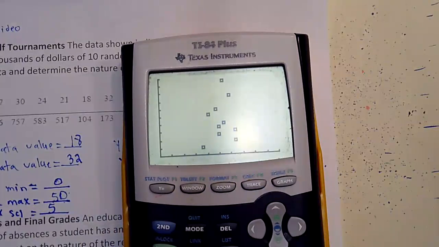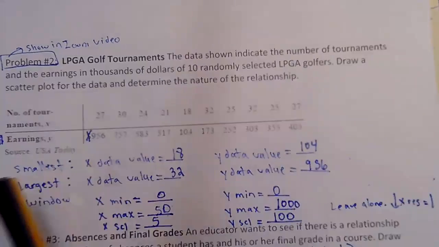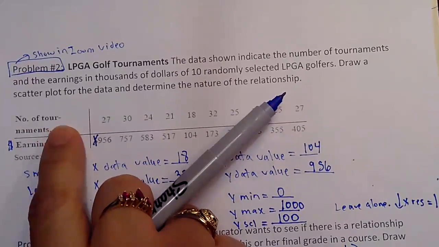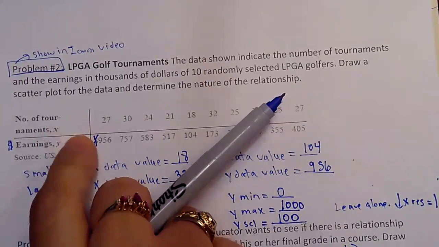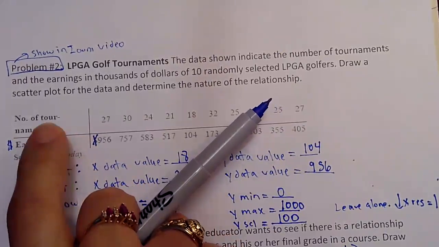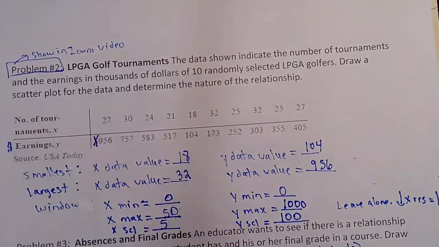When I write that up, I'm going to say that there's no relationship between the X and the Y, between the number of tournaments and the earnings of these LPGA golfers.